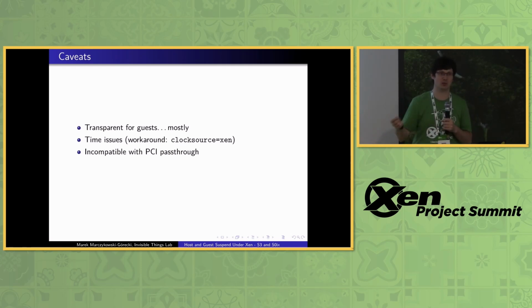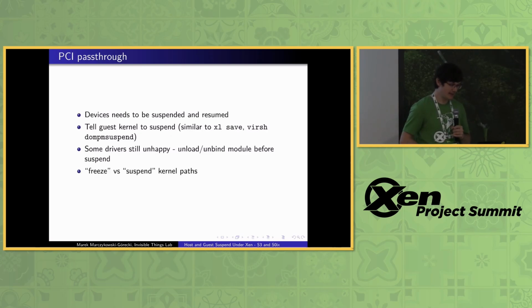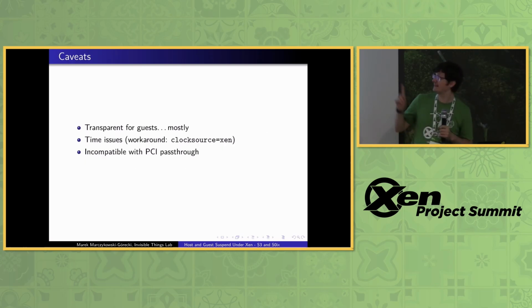Sometimes unloading and loading the drivers is enough to fix it, sometimes it isn't. So it's very much not perfect. And here I still talk only about S3. I will get to S0ix in a moment.